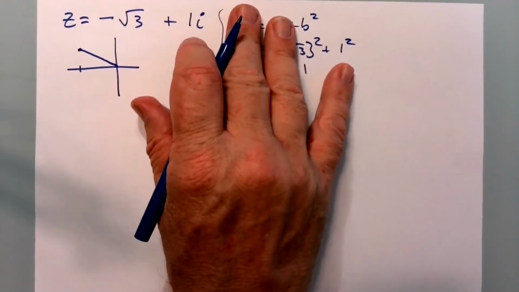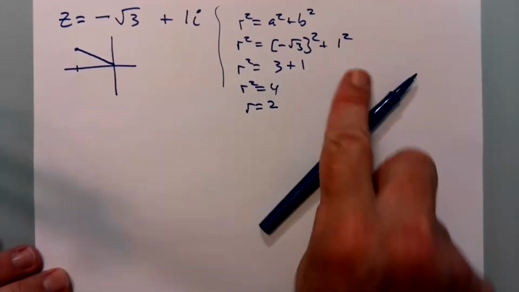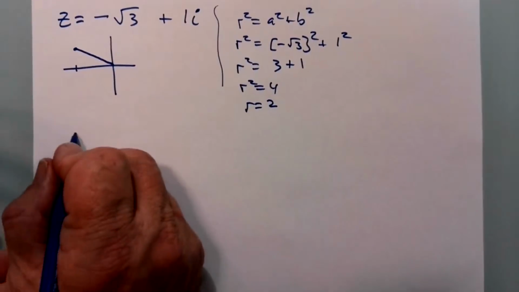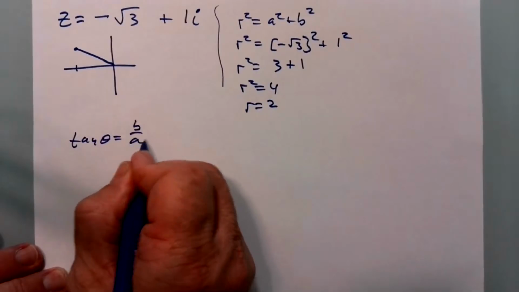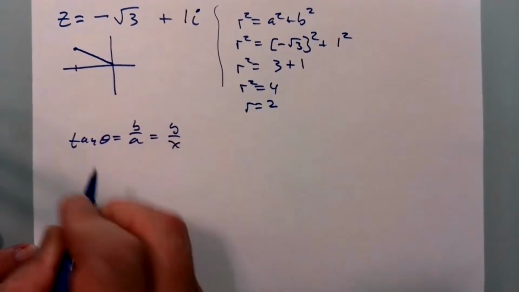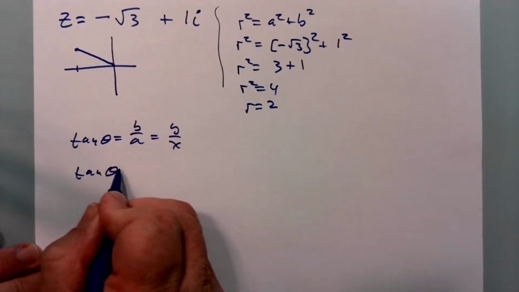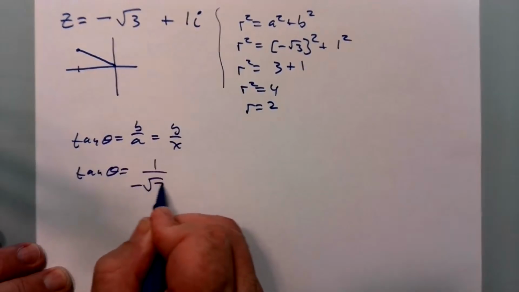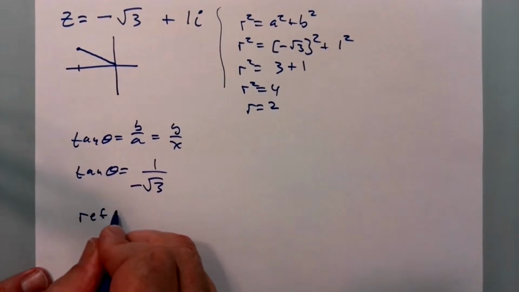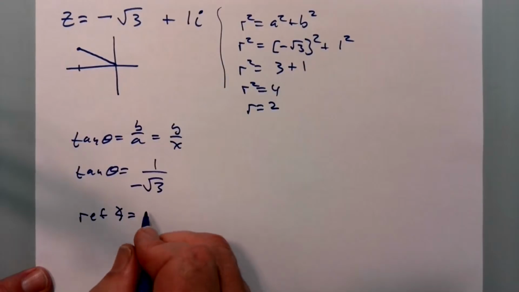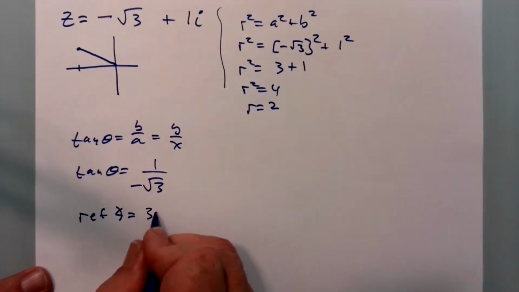So we've told you the tangent of theta is b over a, or tangent of theta is y over x, if you prefer that notation. So tangent of theta is 1 over -√3. So you can go back to our table. Our reference angle is 30 degrees.